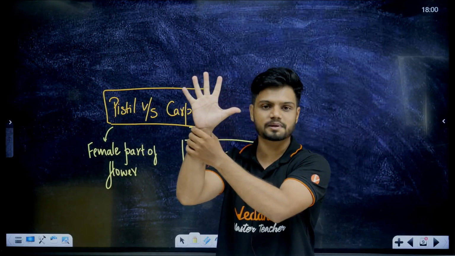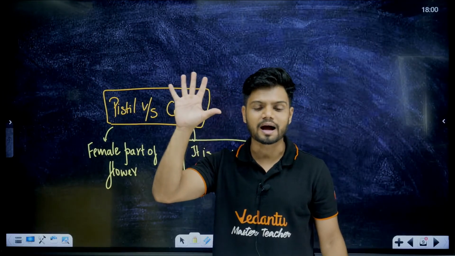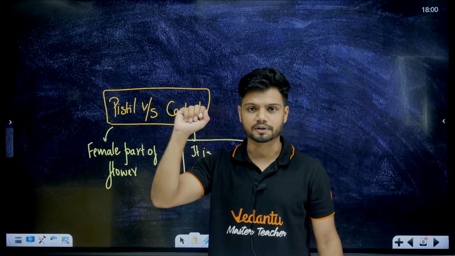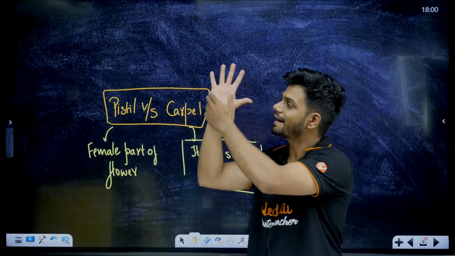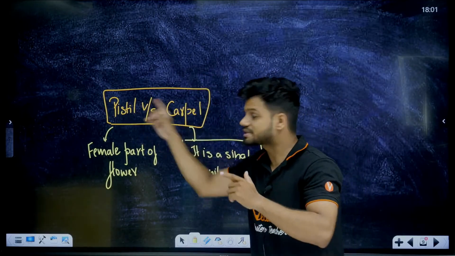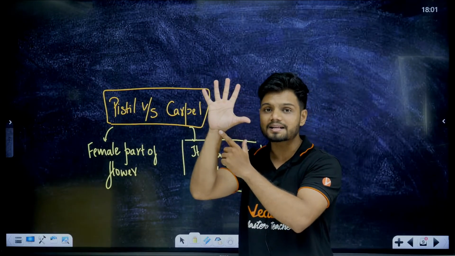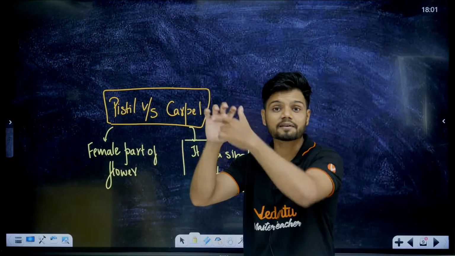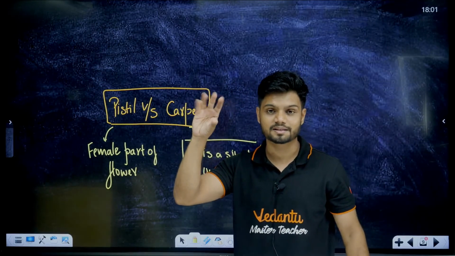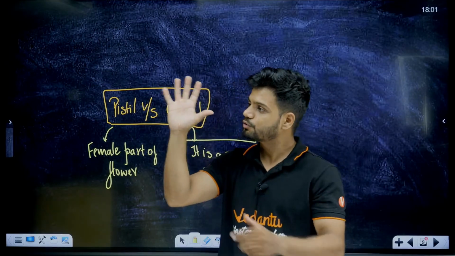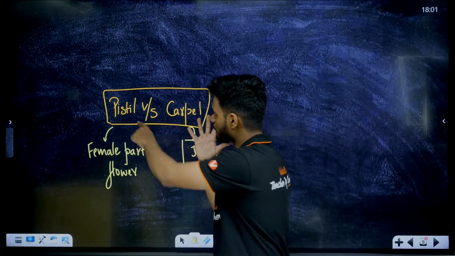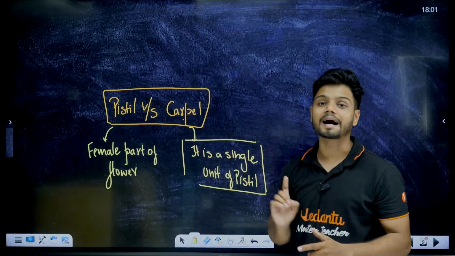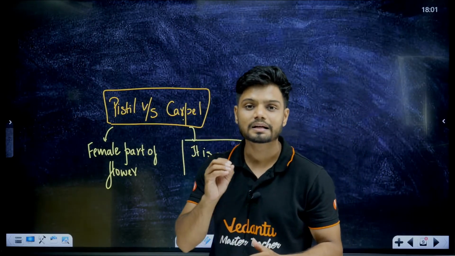Your hand has 5 fingers. Now think of your entire hand as the pistil. The pistil has 5 carpels. So your entire hand is nothing but your pistil, and your fingers will become carpels.